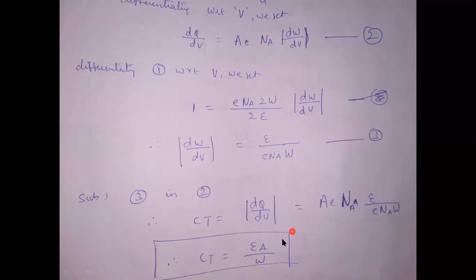Therefore, epsilon A by W. This is the transition capacitance.